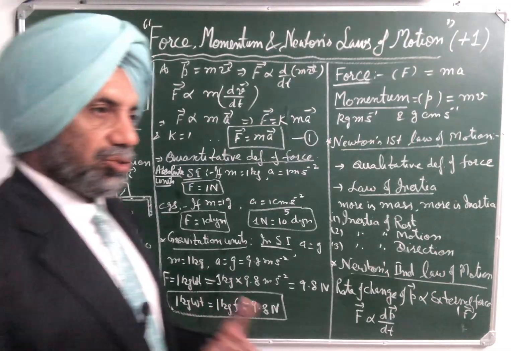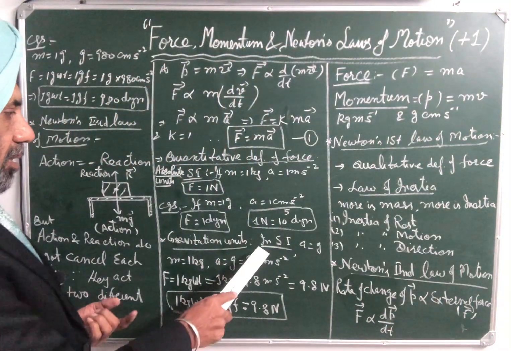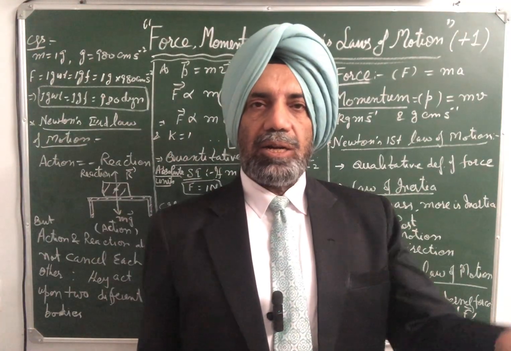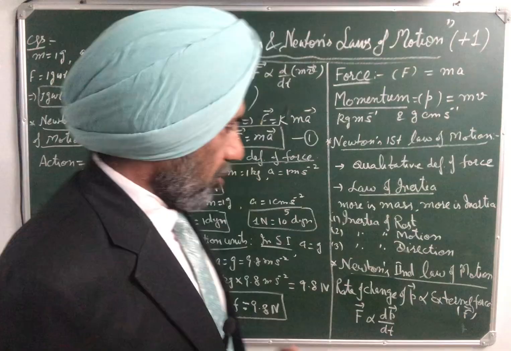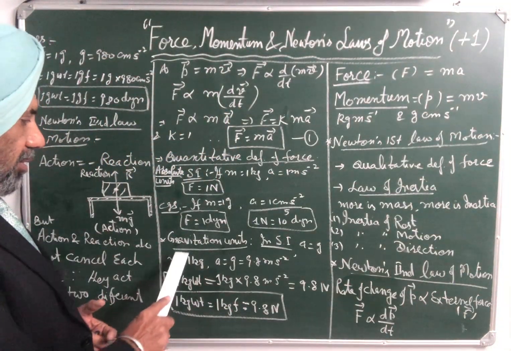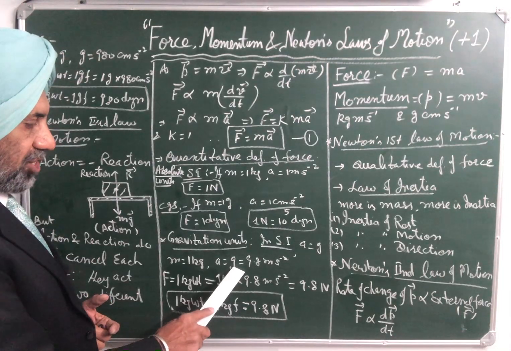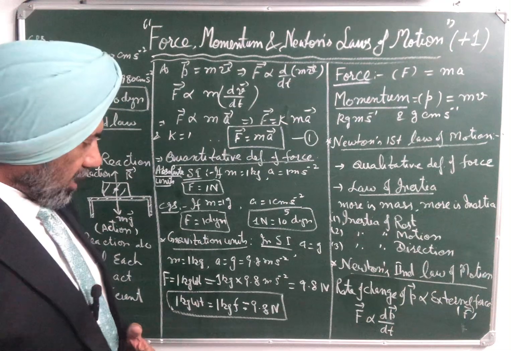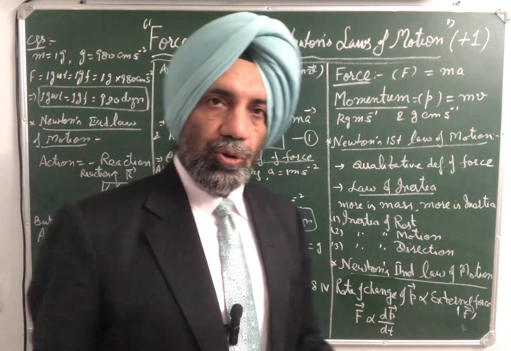Number 2, gravitational units, where value of g is involved. For example, weight, because weight is the force with which body is attracted towards center of earth. So weight is a force. So in SI system, if m is equal to 1 kg, instead of a we take g, acceleration due to gravity, that is 9.8 meter per second square, then F will be equal to 1 kg weight or kg force.